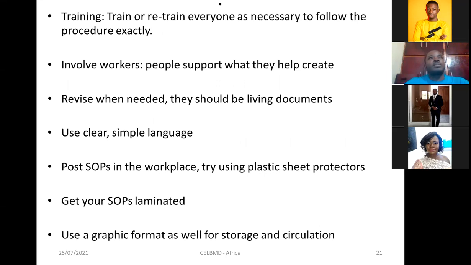Now, once the SOP is finalized, training must be conducted to ensure that all those that make use of the SOP, or all those that are involved in managing, supervising or implementing it, are familiar with the procedure exactly as it was intended. The workers must be involved, revisions will be conducted, and it's advisable to use very clear and simplified language, no ambiguity.